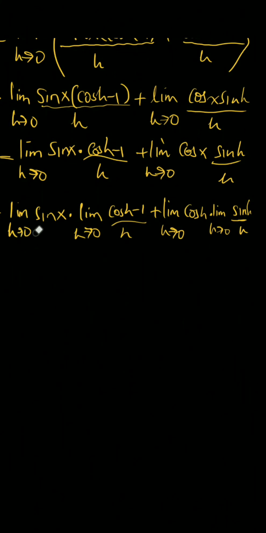Okay, now from there what we do next is we're going to say limit as h approaches 0 of sin x. Since sin x has no h in it, this will just be sin x. This is from the rules of limits, so this just gives us sin x. Then we say multiply by limit as h approaches 0 of cos h minus 1 over h, then you say plus, so same applies here.